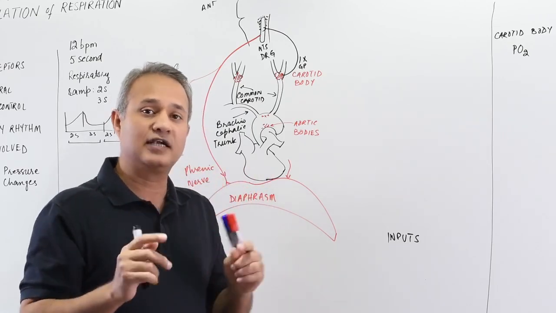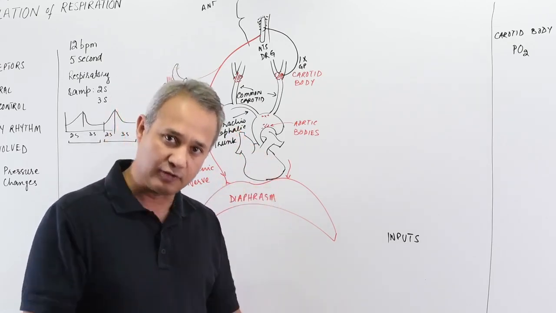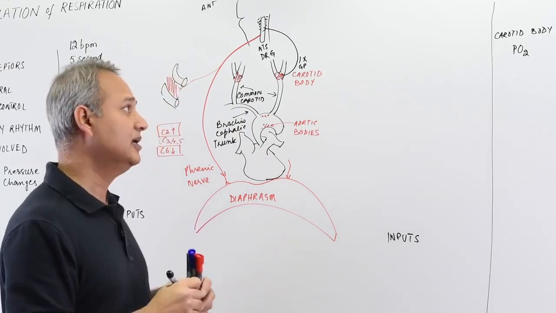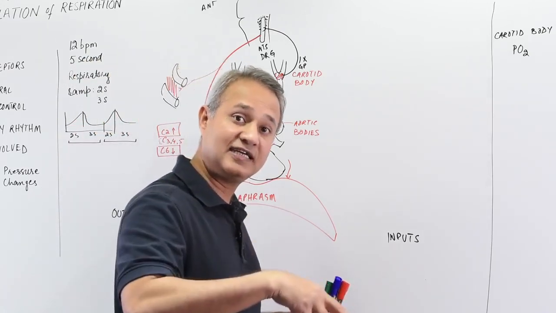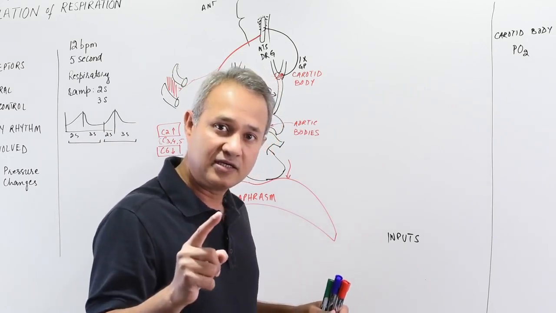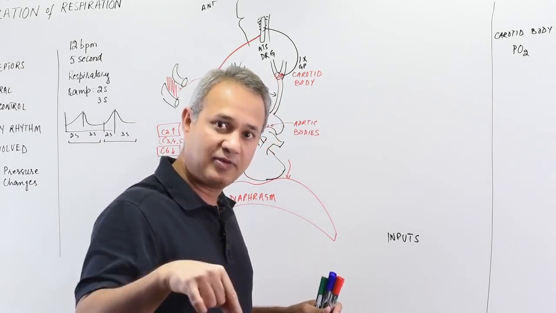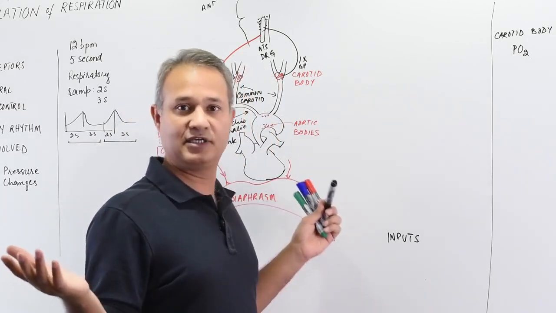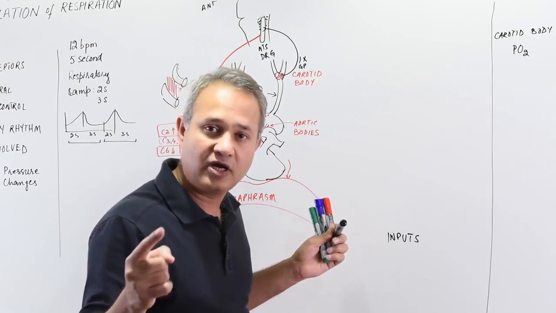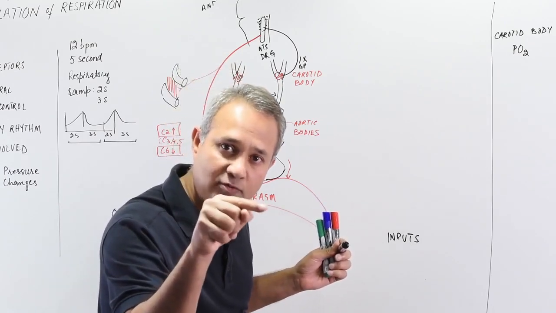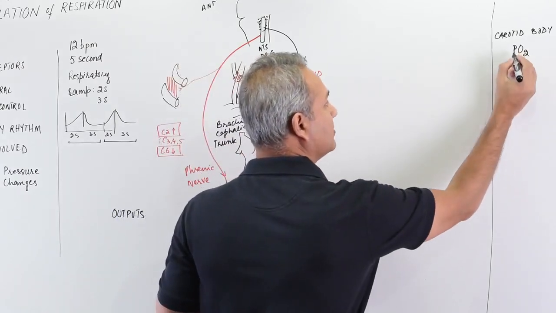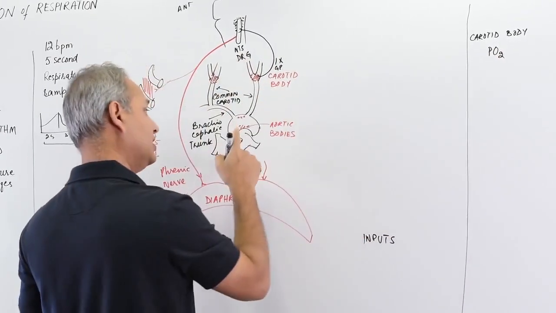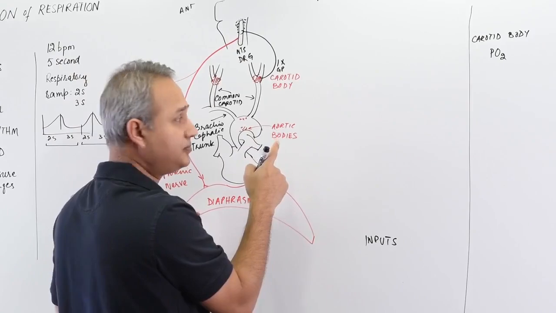They can only look at the pressure of oxygen in the dissolved plasma. So in carbon monoxide poisoning, you may have carbon monoxide sitting on the hemoglobin, but the dissolved oxygen in the plasma is okay. So these guys say, well, everything is fine. Why? Because they do not look at the oxygen on the hemoglobin. Okay, so PO2 is measured by the carotid body and the aortic body.